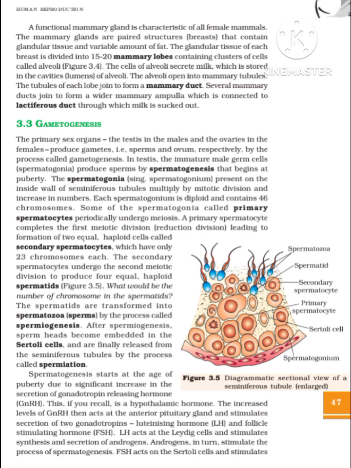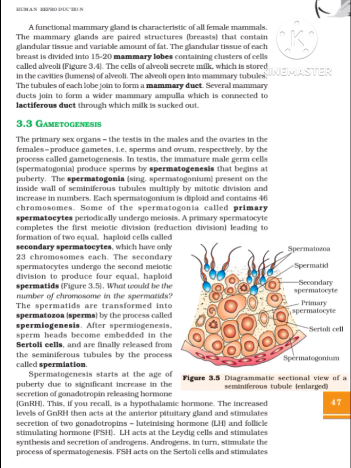Some of the spermatogonia called primary spermatocytes periodically undergo meiosis. A primary spermatocyte completes the first meiotic division, reduction division, leading to formation of two equal, haploid cells called secondary spermatocytes, which have only 23 chromosomes each.